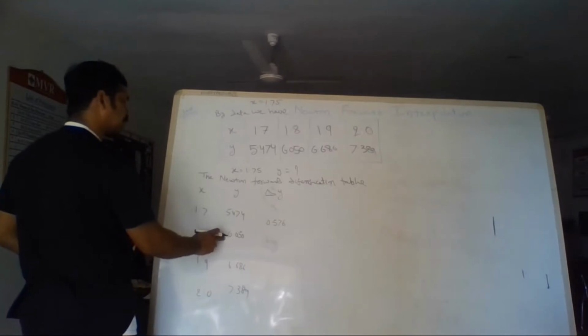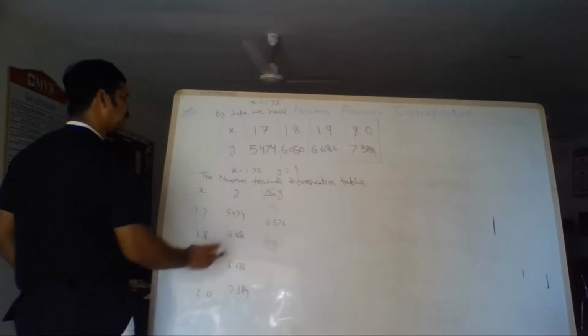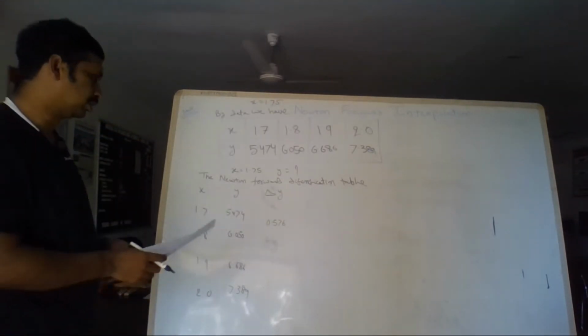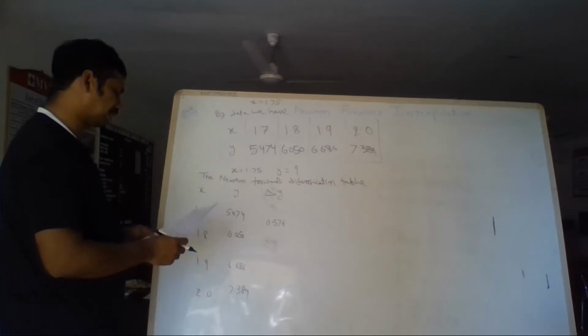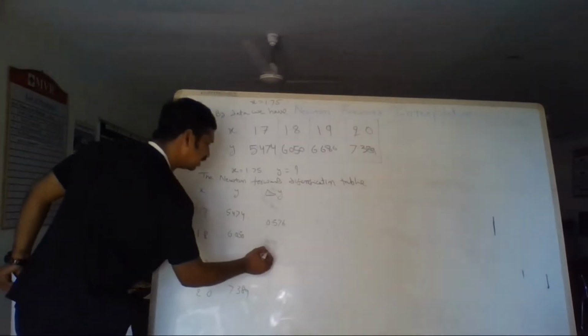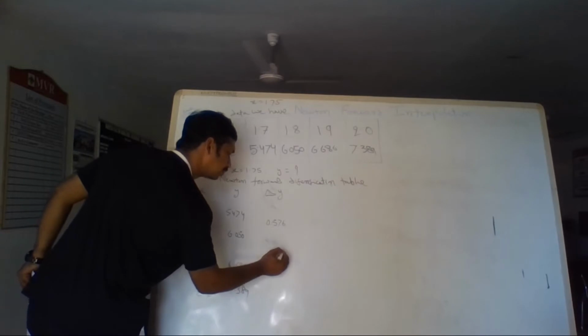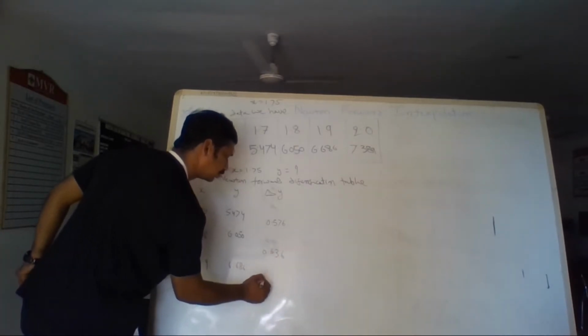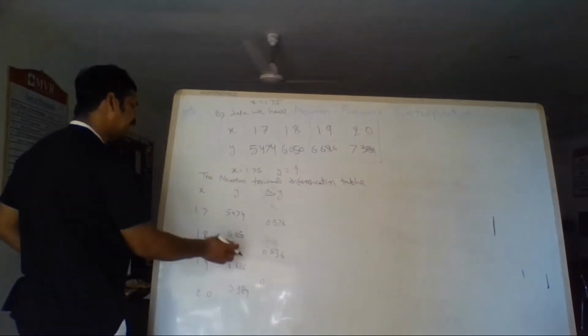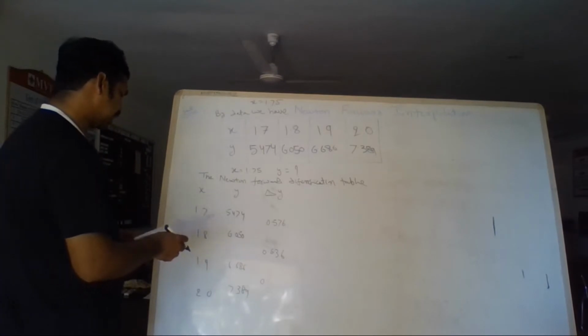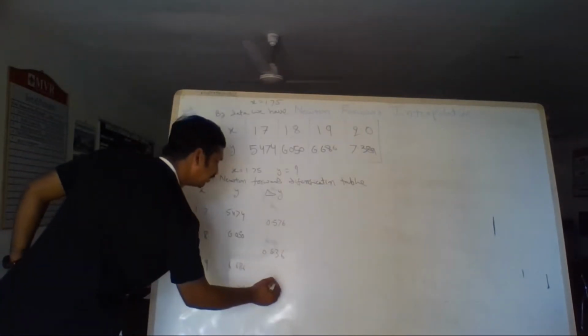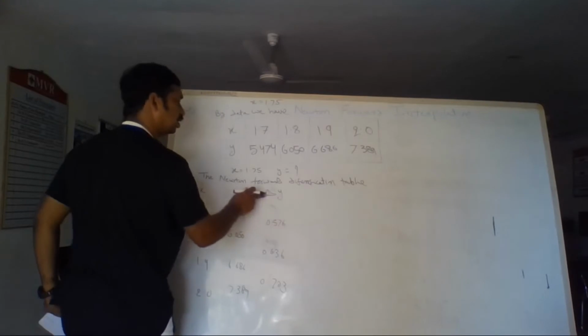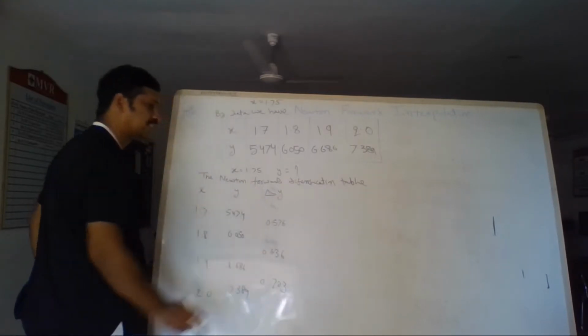Next, 6.686 minus 6.050 is 0.636. Next, 7.389 minus 6.686, we will get 0.703. These are the first order forward differences.